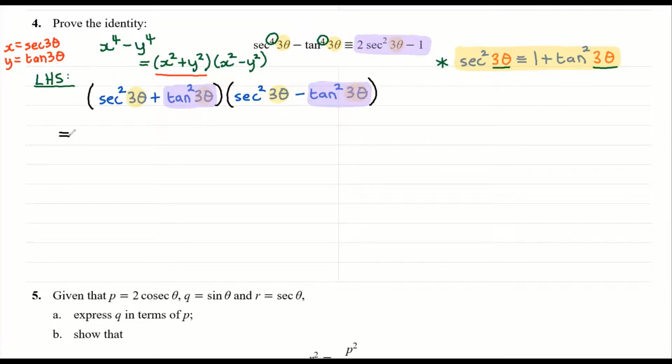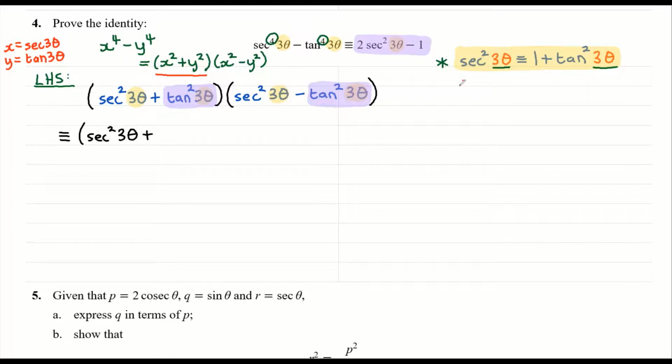So the next step is we're going to put our identity sign on there, okay, and we're going to make the substitutions inside the brackets. So we have got sec squared 3 theta added to, and we'll make the substitution now. So that's going to be, well, sec squared. Now I've got tan squared 3 theta. What I need to do is do a little bit of manipulation.